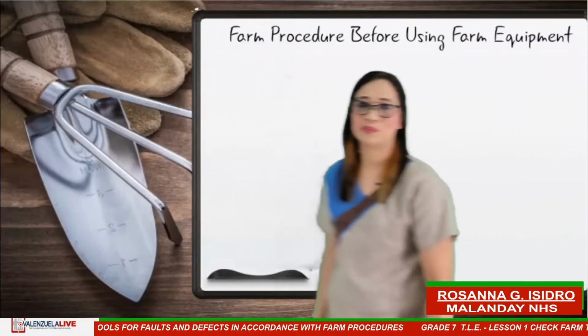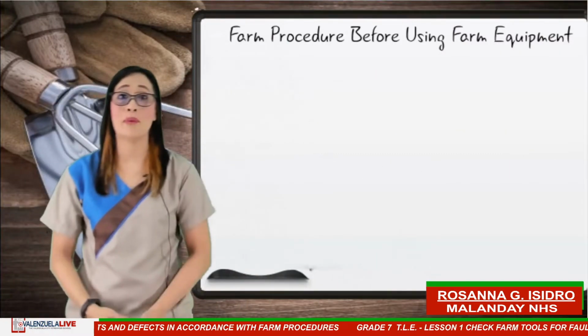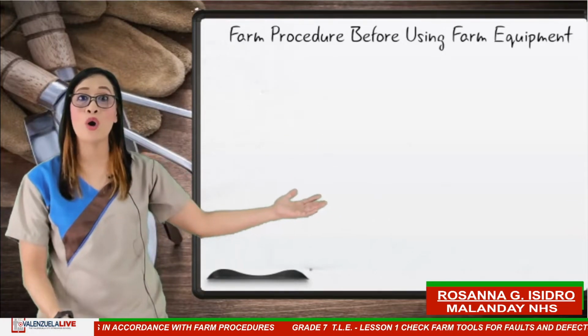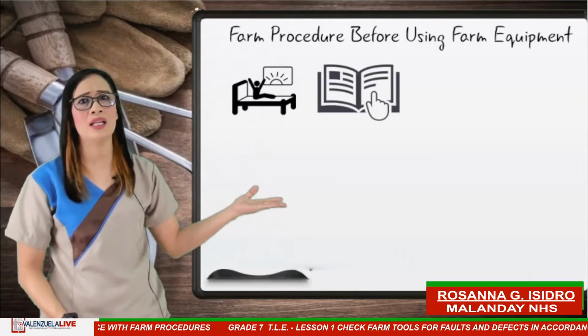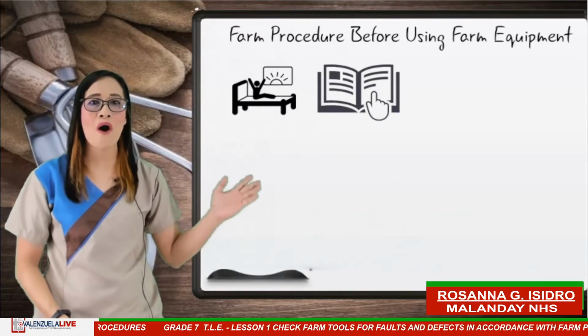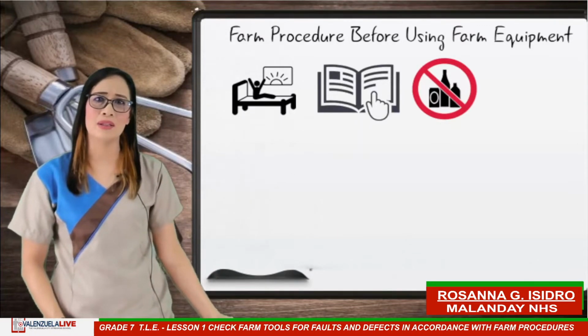Again, the farm procedures before using farm equipment are: number 1, ensure you're well rested. Second, always thoroughly read the manual for each piece of equipment. Third, avoid alcohol.